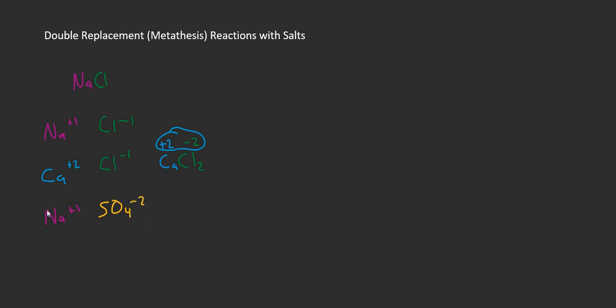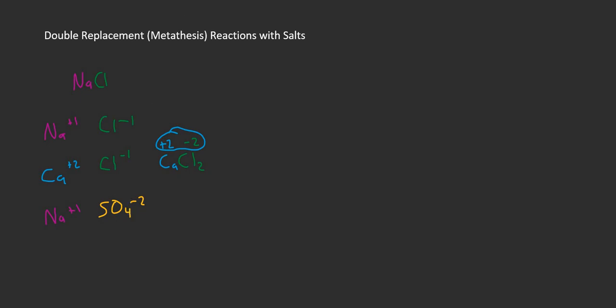So we want to make a salt with sodium and sulfate. Sodium has a +1 charge, sulfate has a -2 charge. So how many sodium ions would we need to cancel out that -2 charge of the sulfate? We would need 2, right?